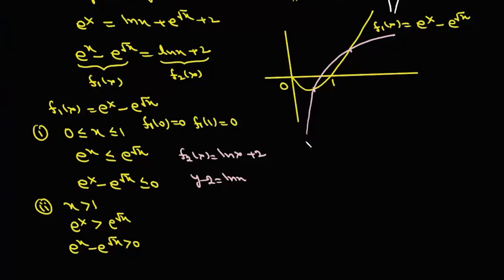So this is the graph of f2(x), which is log x plus 2, and it will have 2 roots, say alpha and beta, where alpha is less than 1 and beta is greater than 1. So this equation will have 2 real roots.